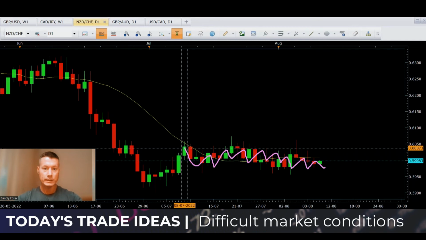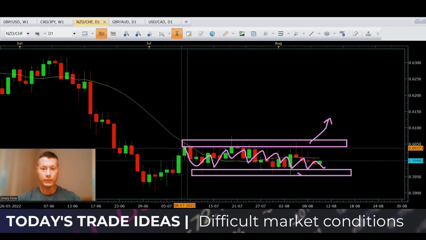I would need to see a break out of here, or even a break out of here. But if it does break to the downside, remember you still have this as an area of support. So, guys, another example: New Zealand dollar, Swiss franc, cannot trade it.